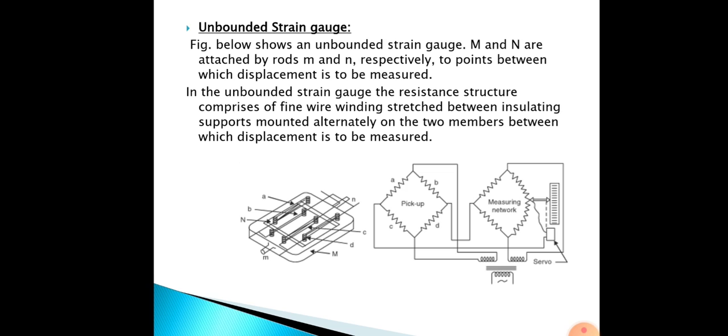Here in the diagram of the unbounded strain gauge there are two points, M and N, and whatever displacement occurs between the two points will be calculated. In the diagram beside it there is a pointer, which will show you the displacement, the measured quantity.